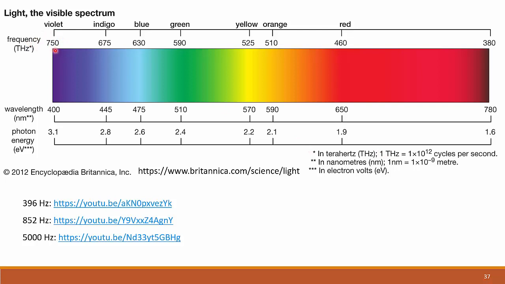When we read 750, that is 750 times 10 to the 12 hertz, or cycles per second. It's a huge number. And the wavelength, in this case for the light, is given in nanometers, 10 to the minus 9 meters. It's a very small number as well.